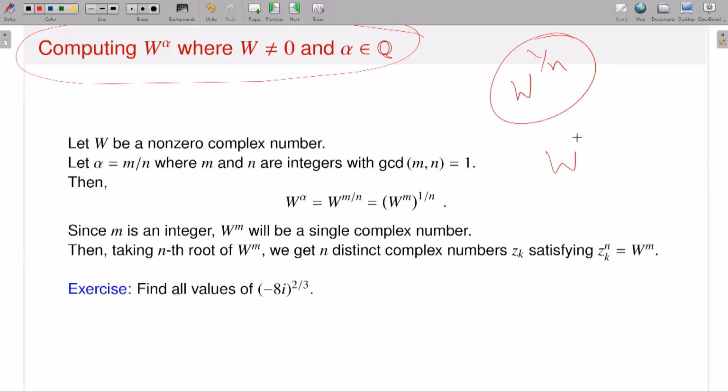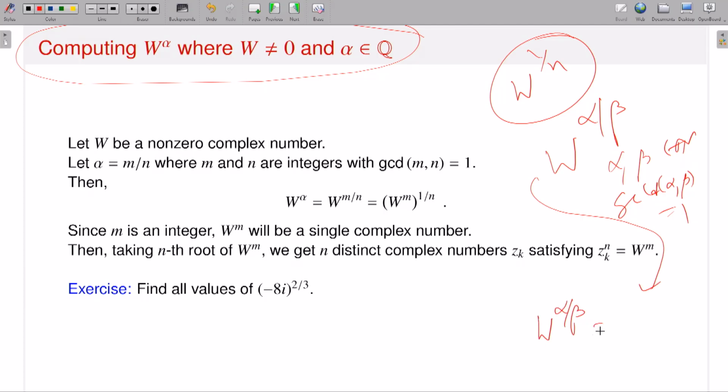Now I am asking what will happen, say, for w to the power alpha by beta, where alpha and beta are two natural numbers and GCD is 1, coprime. So again, you can handle it very easily like the earlier one. w to the power alpha by beta, you can think of as w to the power alpha, to the power 1 by beta.